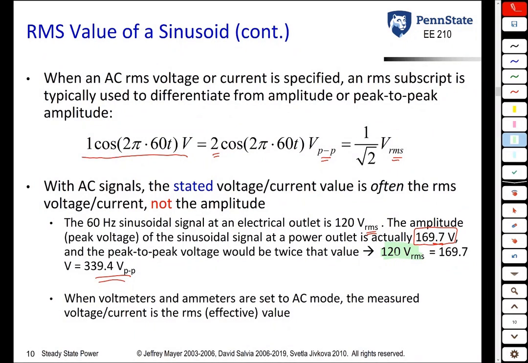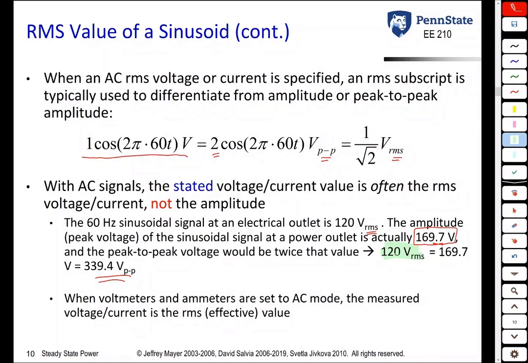So bottom line, you need to be very, very careful when dealing with AC signals to make sure you know whether the stated amplitude is its traditional amplitude, peak-to-peak amplitude, or RMS value.